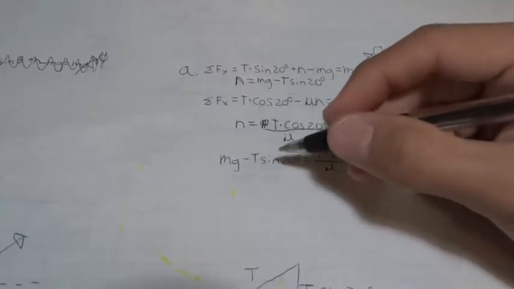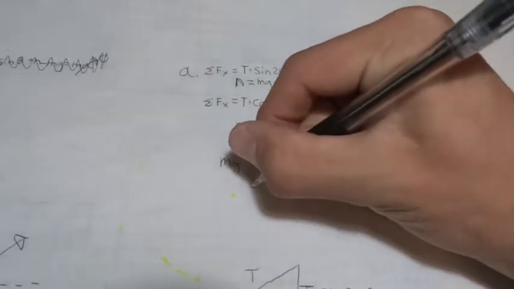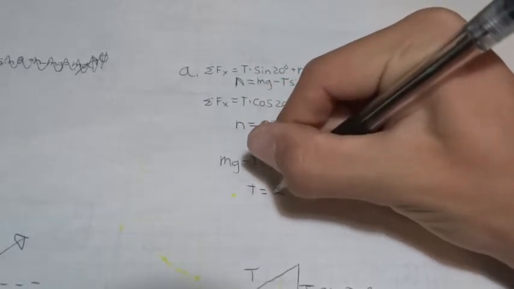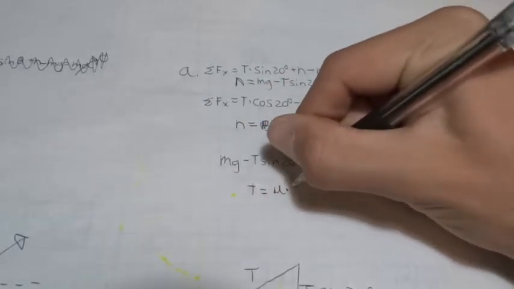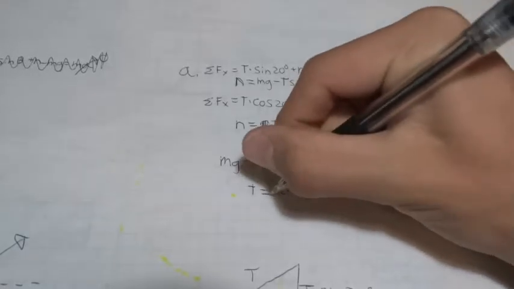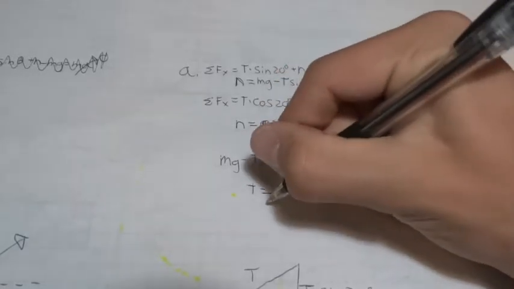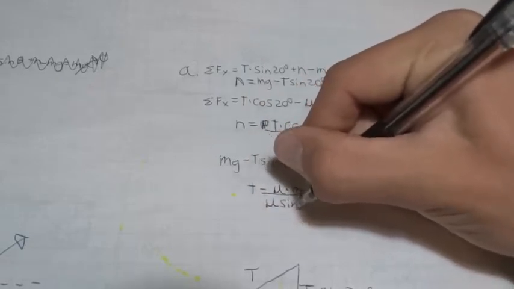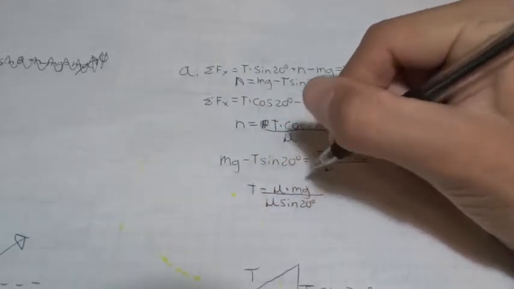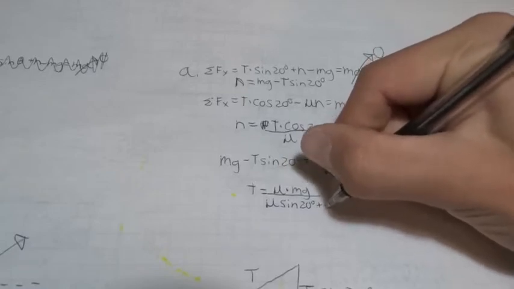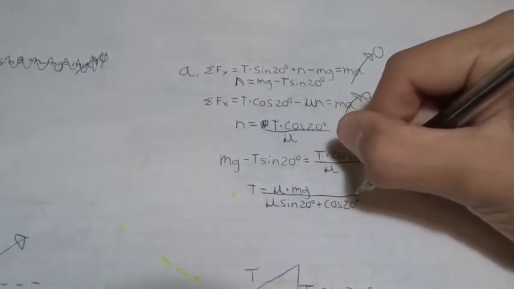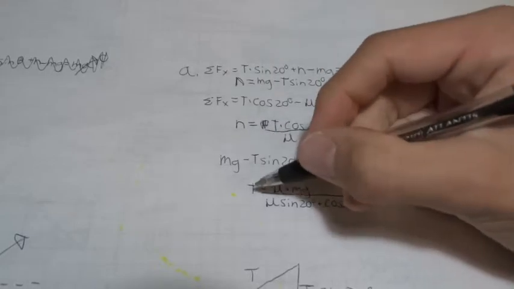So I'm going to rewrite this equation to solve for that T. T equals mu times mg over mu sine of 20 degrees plus the cosine of 20 degrees. Now we have solved our equation for T.